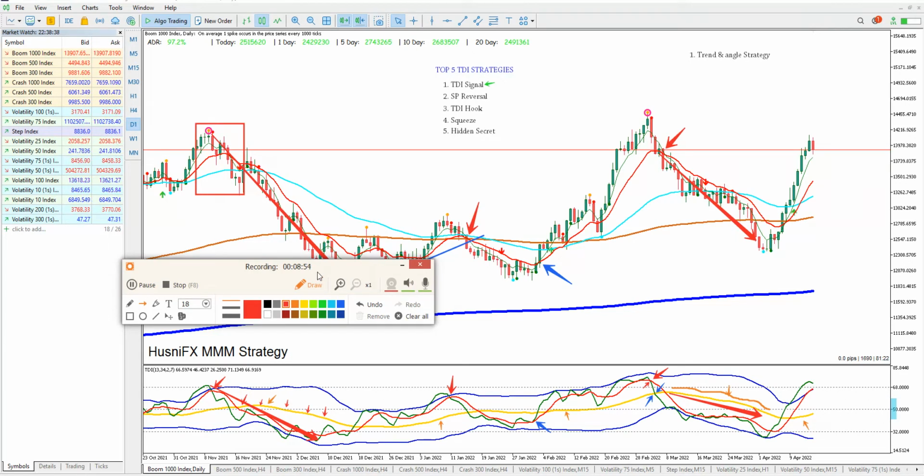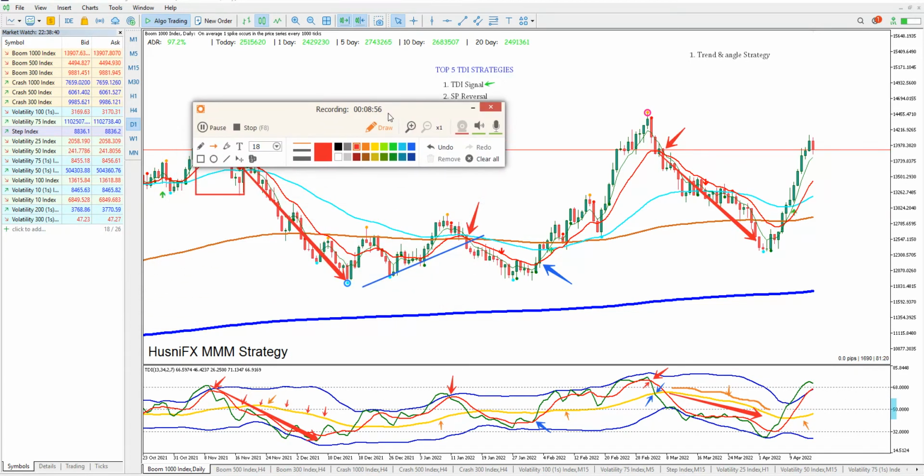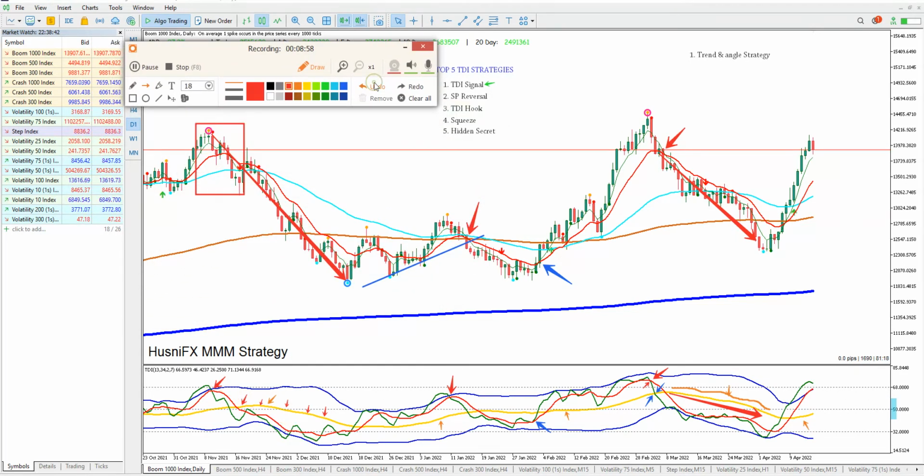For example, in this condition, when price was sold from there till here, we have to exit this zone, and it will be here. As you can see, here is our exit point.